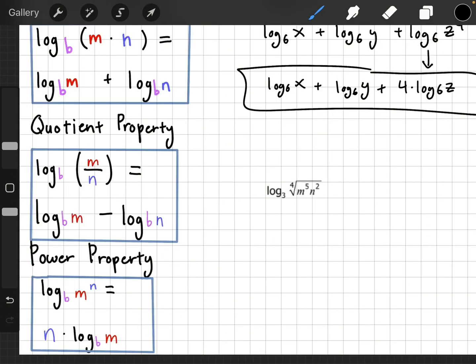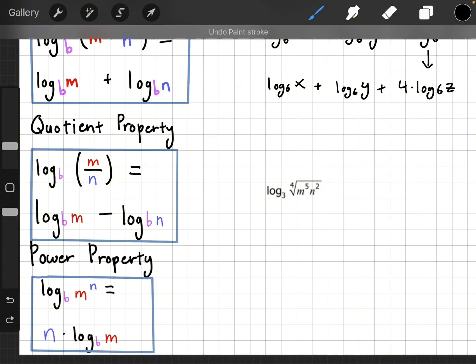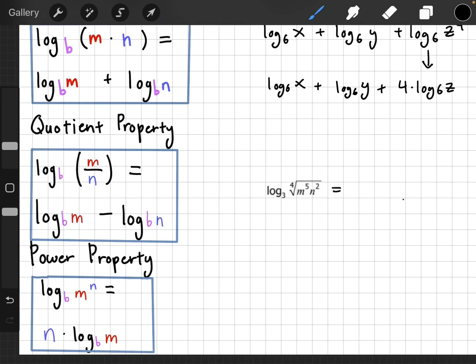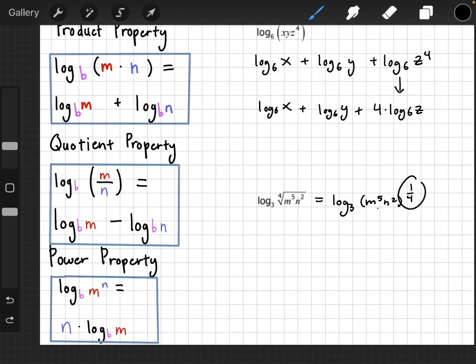For this one, log base 3 of the 4th root of m to the power of 5 times n squared. We can change this radical to an exponent. We can move this 1/4 to the front. So now we have 1/4 times log base 3 of m to the power of 5 n squared.